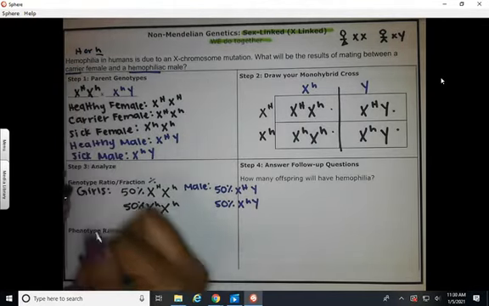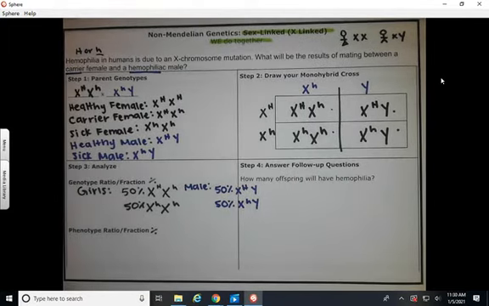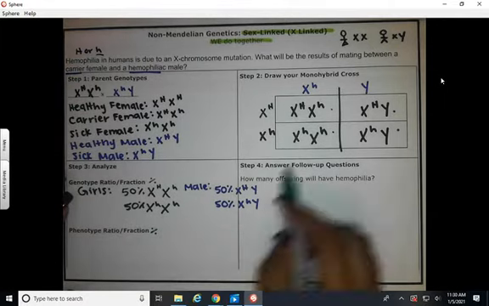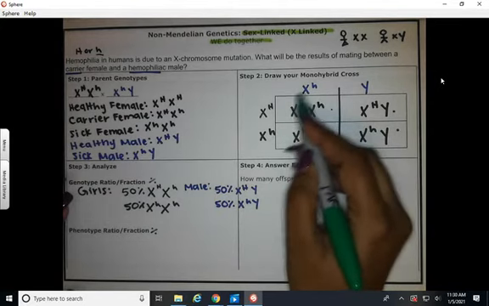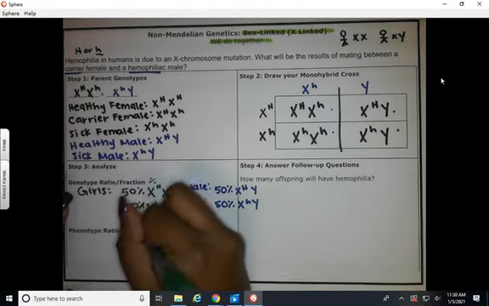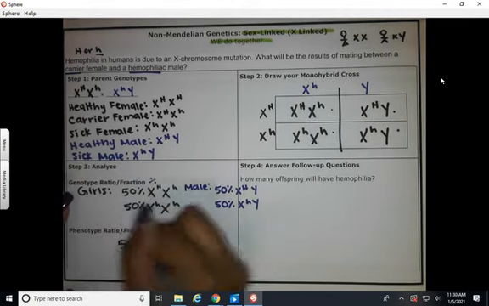Alright, so let's do the phenotype ratios or percentages. For girls, what percentage of the girls are going to be hemophiliac? Rather, 50% will be hemophiliac, and then 50% will be carriers. 50% are carriers, 50% have hemophilia.